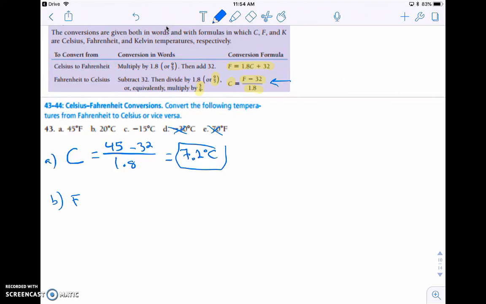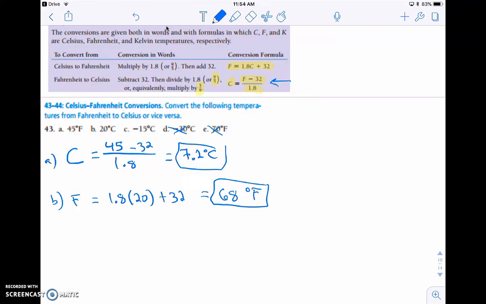Okay, the next one, we want 20 degrees Celsius to Fahrenheit. So Fahrenheit equals 1.8 times 20 degrees Celsius plus 32. So make sure you do 1.8 times 20 first and then add your 32 and you'll get 68 degrees Fahrenheit. Okay.